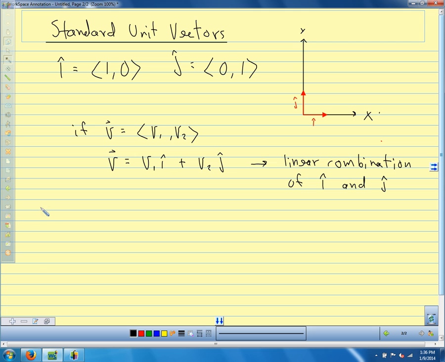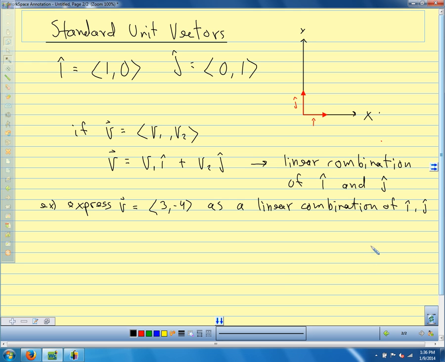So the way that you might be asked a problem with this in the homework, they'll say express v equals, and we'll use our 3, -4 vector, as a linear combination of i hat and j hat.